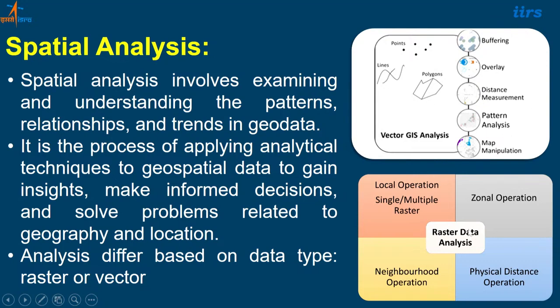So, these are some of the operations that are available in your vector GIS or the vector data set. Whereas for the raster data set, there are operations like local operations, on a single or multiple rasters, or zonal operations also. We can have neighborhood operations and physical distance operations also.